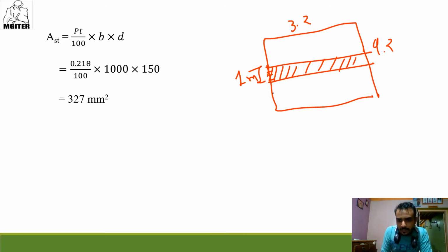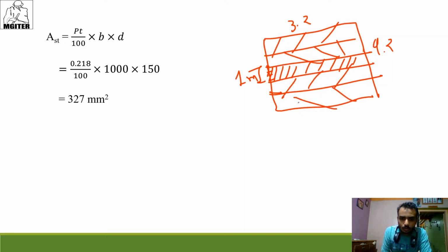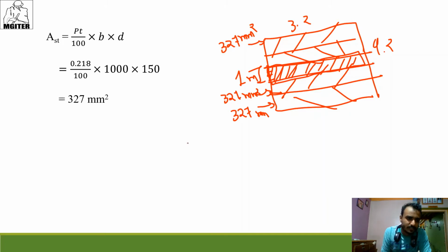So if I divide the whole slab into 1 meter strips, this strip needs 327 mm square, this strip also needs 327 mm square, this strip also. These are the design considerations. If I design the slab for this strip, then all the strips need 327 mm square.